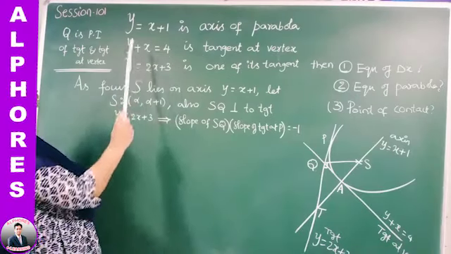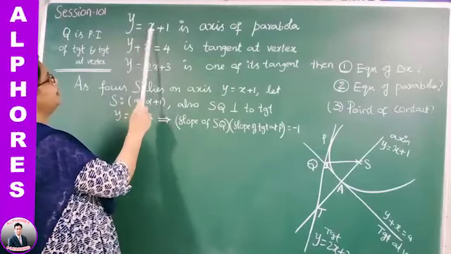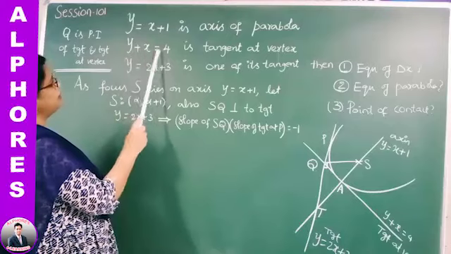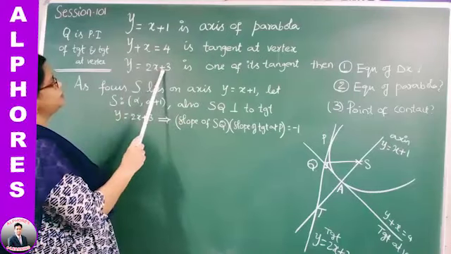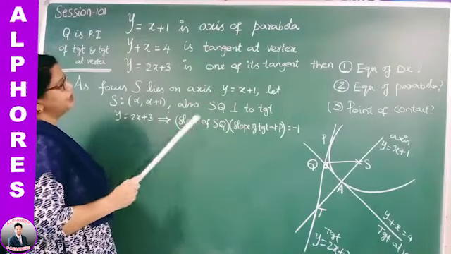Now observe students, this is another problem. The data given is: y = x + 1 is the axis of the parabola, y + x = 4 is the tangent drawn at the vertex, and y = 2x + 3 is one of its tangents. So what is the data given?